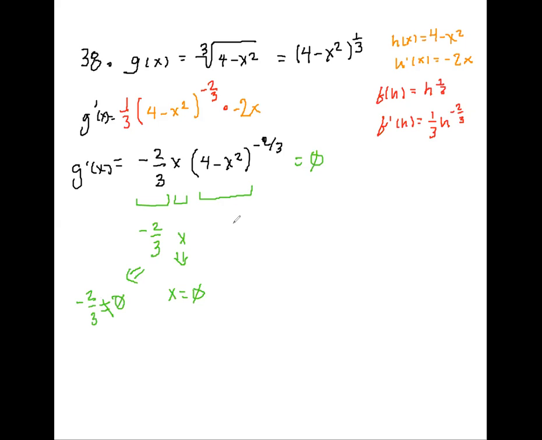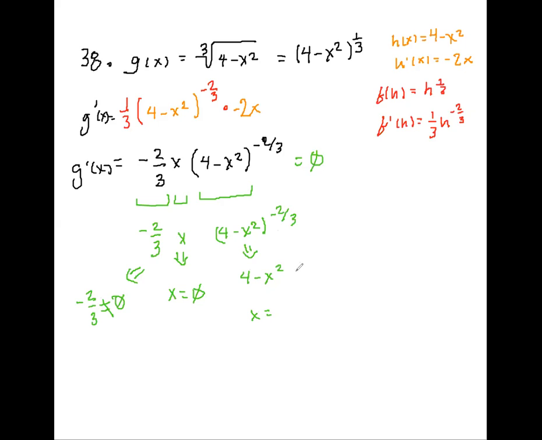And then when 4 minus x squared is equal to 0, or rather when 4 minus x squared to the negative 2/3 is undefined, which is when 4 minus x squared is equal to 0, which is when x is equal to what exactly?